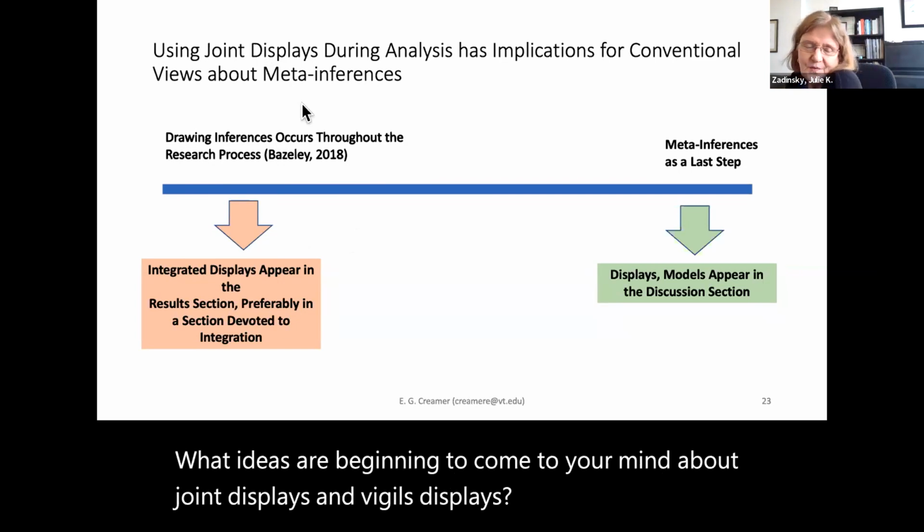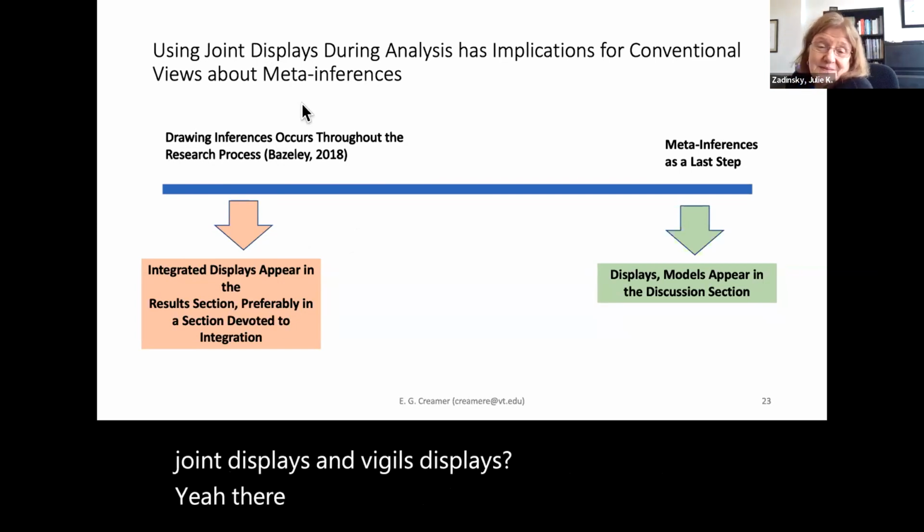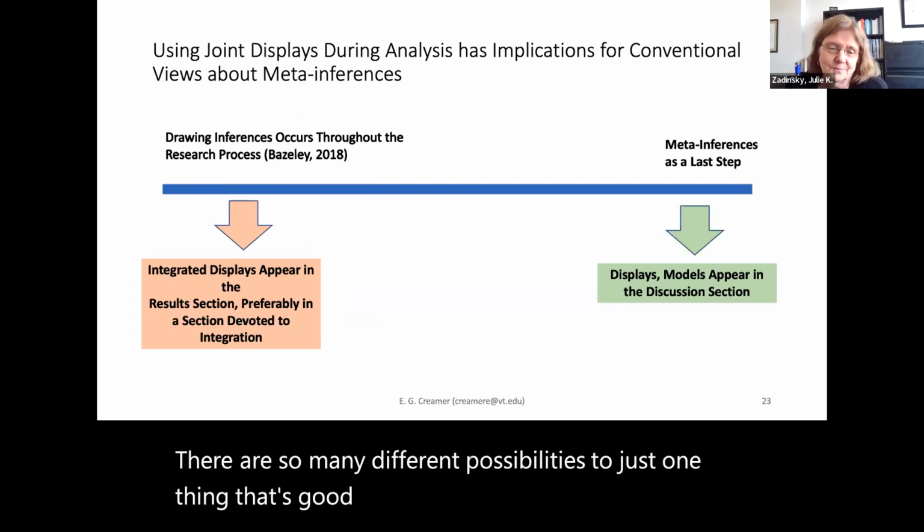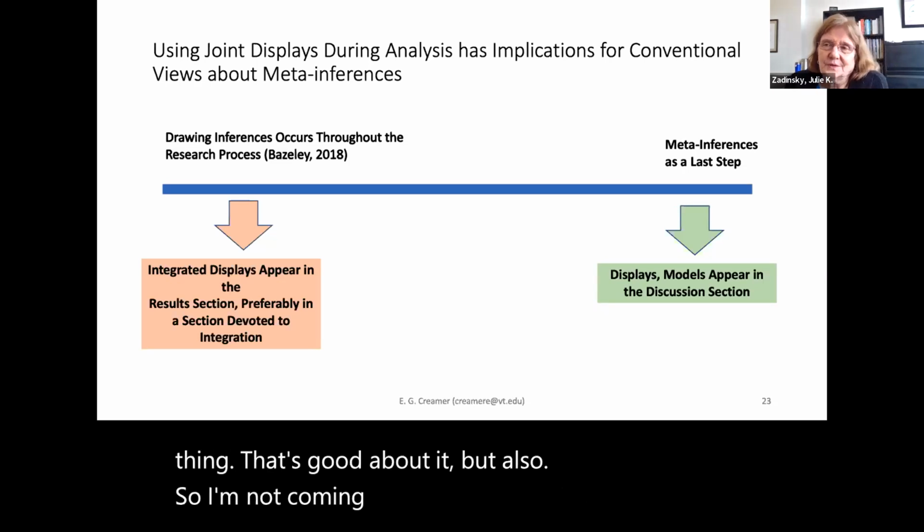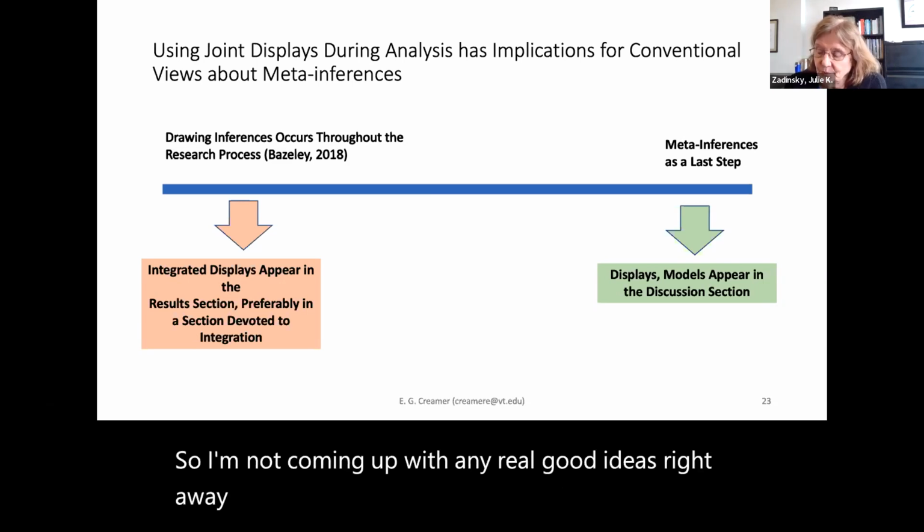Yeah, there are so many different possibilities, which is one thing that's good about it, but also can make it difficult, as you know. So I'm not coming up with any real good ideas right away. We do have one study we haven't reported on yet.